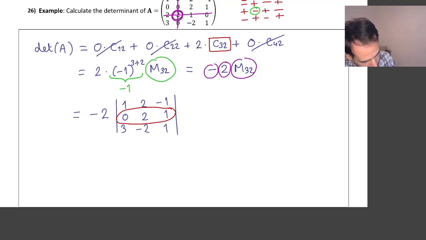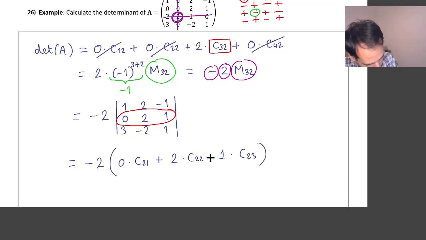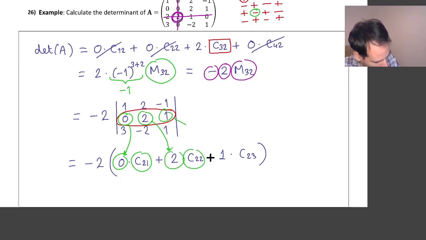Now we can write this. Always remember to have the minus 2 in front, and now we can write that the determinant of this matrix is equal to 0 times the cofactor 2,1, plus 2 times the cofactor 2,2, plus 1 times the cofactor 2,3. Remember, 0 was the first element with the corresponding cofactor, then 2 was the second element times the corresponding cofactor, and 1 was this element here times the corresponding cofactor.